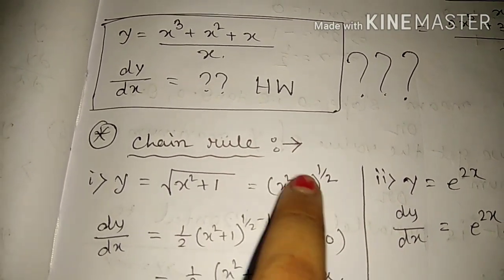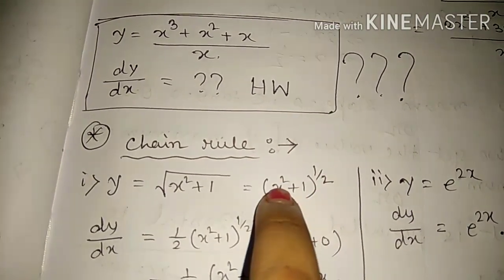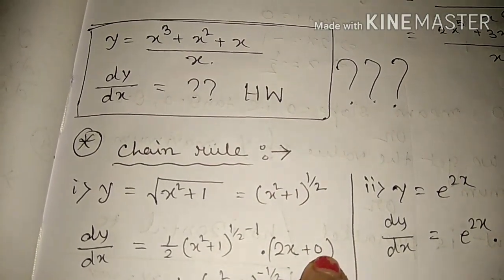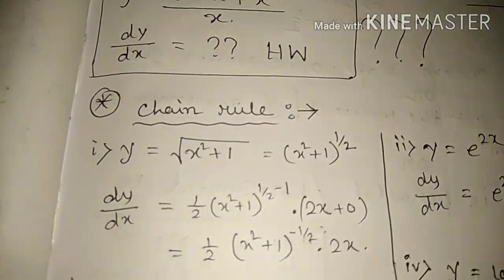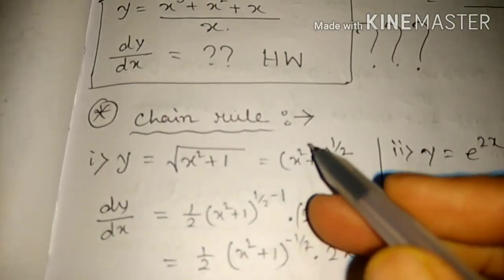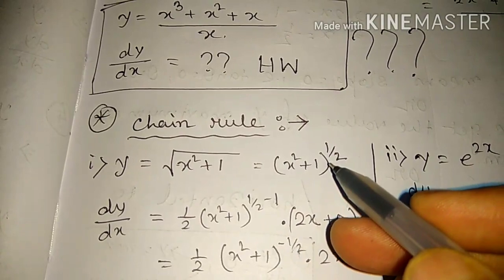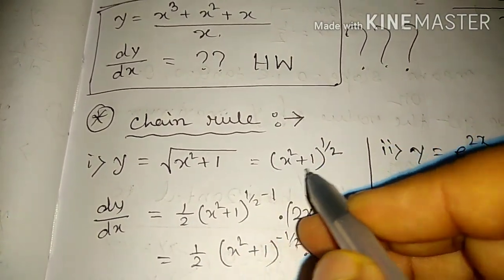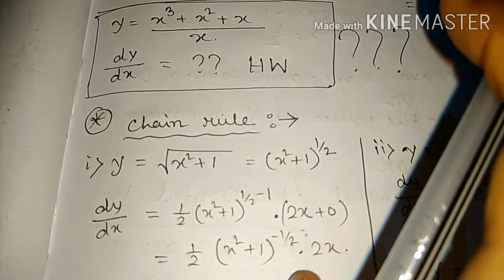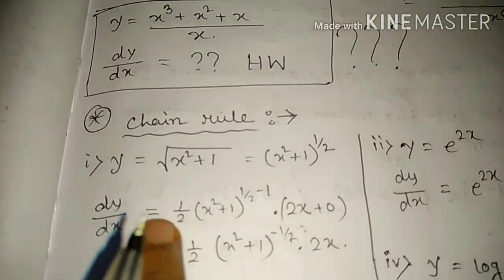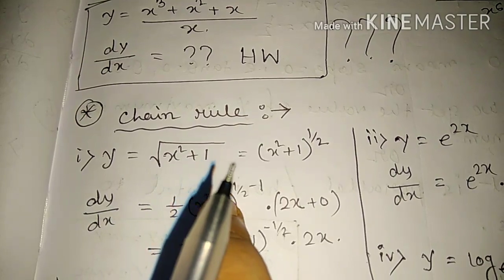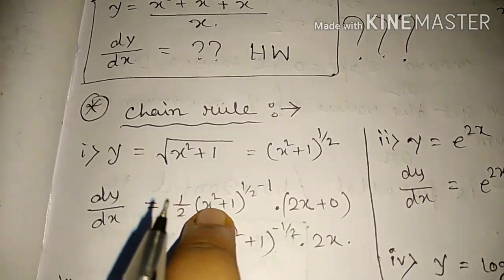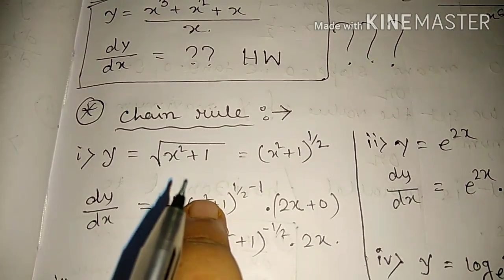If any term is there, like 2 plus 3x, first you consider that whole term as x to the power half. So dy by dx equals half into x to the power half minus 1, where x means x square plus 1, but this is not the x, because this is x square plus 1.